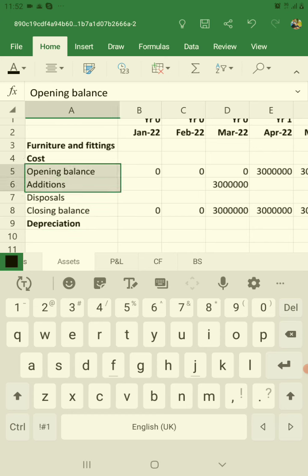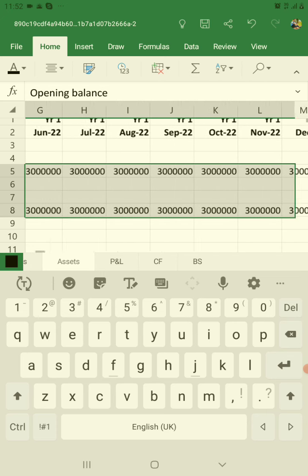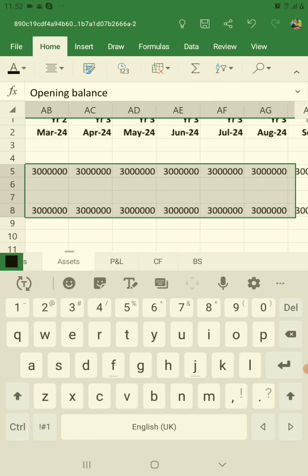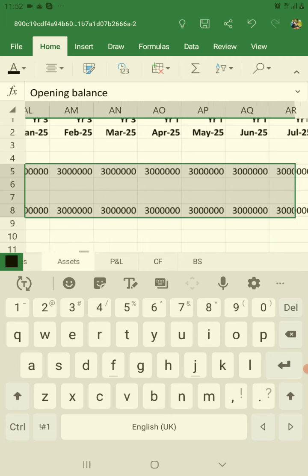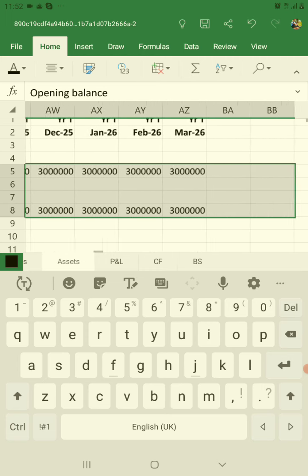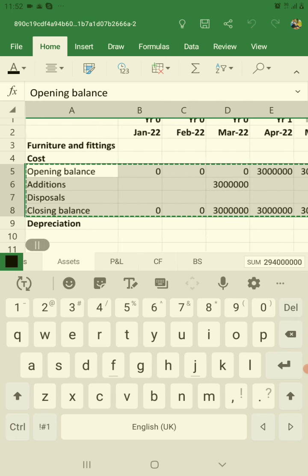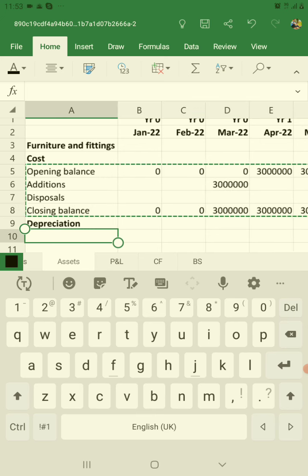I can copy all this, including their formulas here, they are also true for establishing closing balance. So I'm copying all of this up to here, copy, and then go back at the beginning and paste them here at the depreciation area, paste.